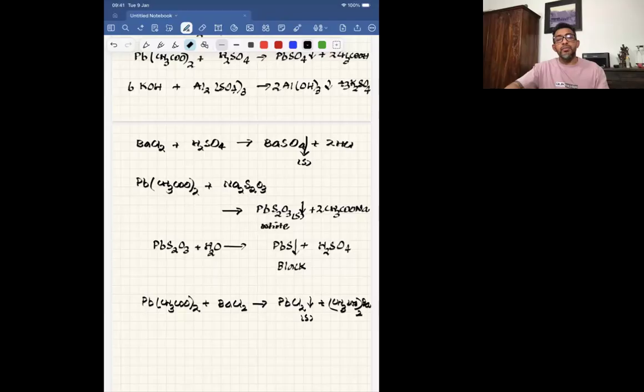Black color comes from lead sulfide and silver sulfide. Barium sulfide is not black in color. It says when you heat it, it turns into a black precipitate.